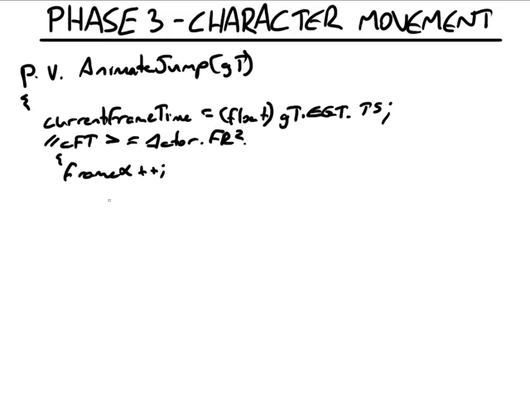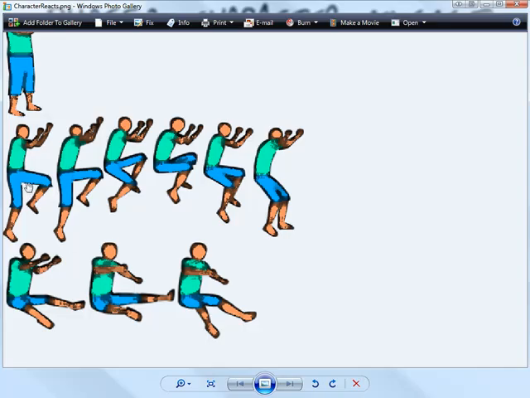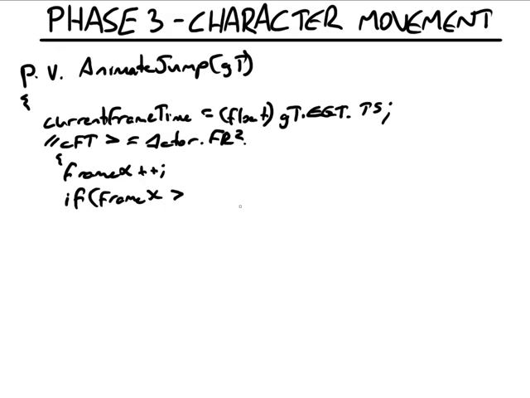But then we've got to check, have we gone over the limit of our animation? So if frame x is bigger than, how many do we check for? Let's go into our reacts. 0, 1, 2, 3, 4, 5. If we go past 5, if we loop the animation, that's going to be a bit of a problem.